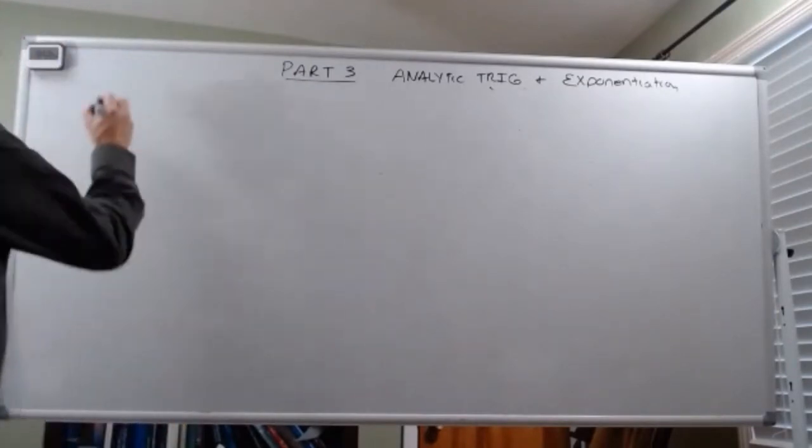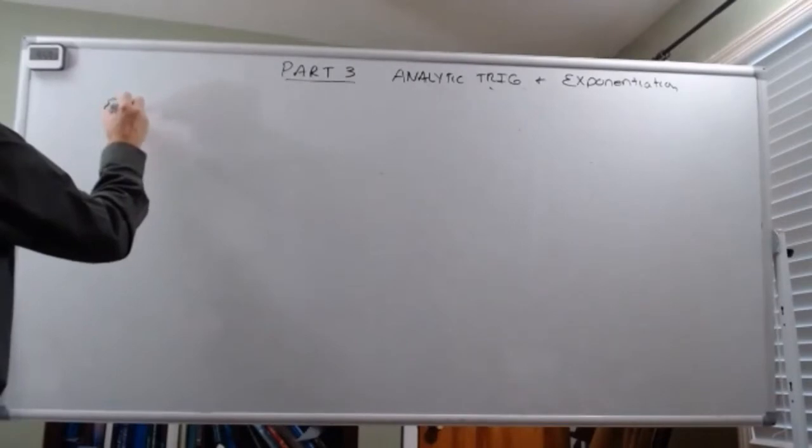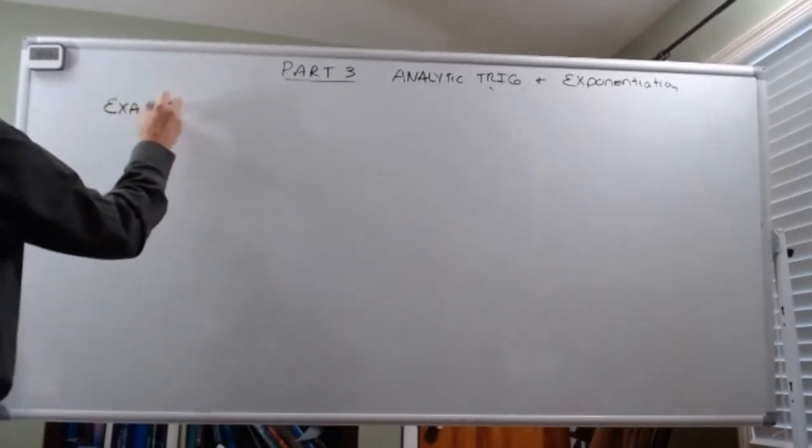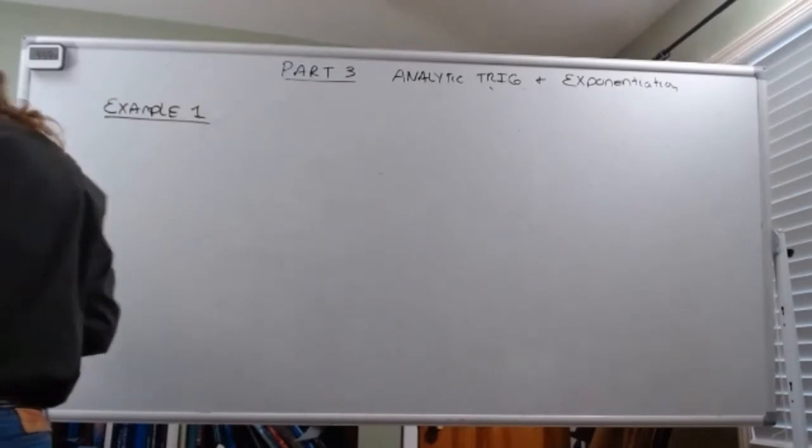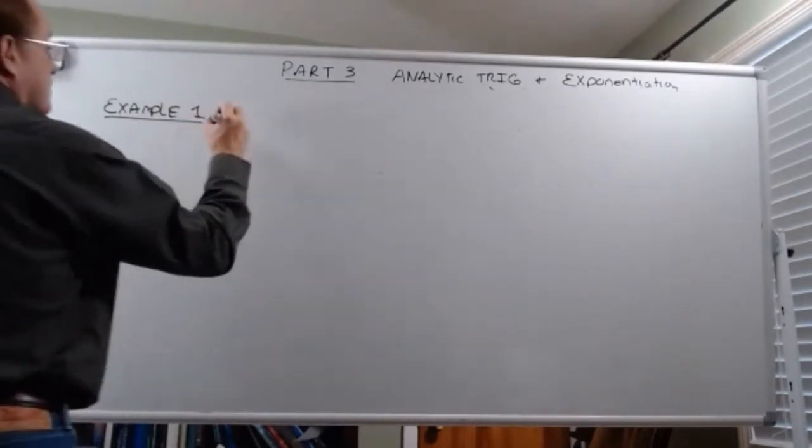So here's the problem. Here's example 1. Now we're going to put it all together. And it simply says, solve the given right triangle.